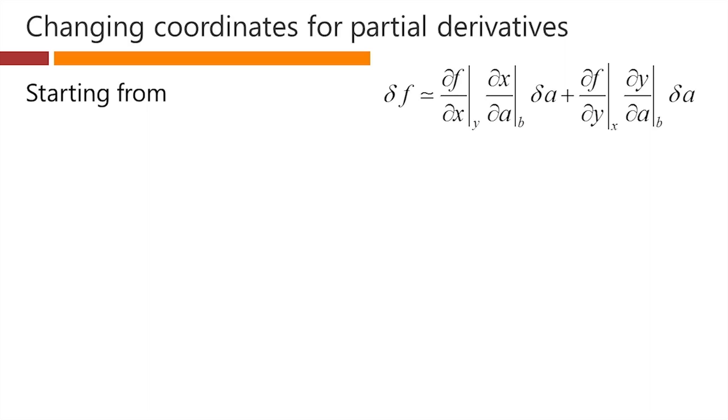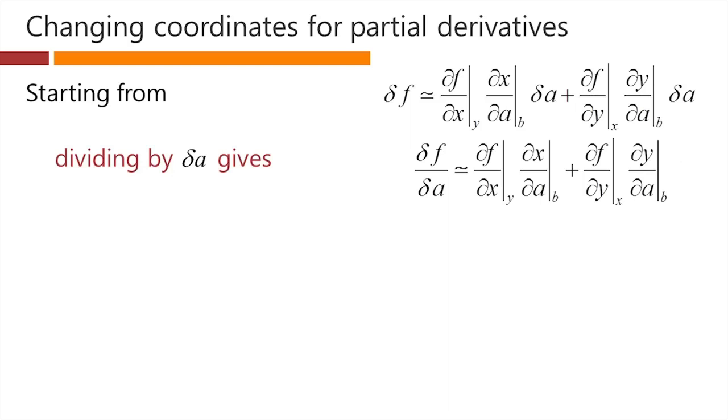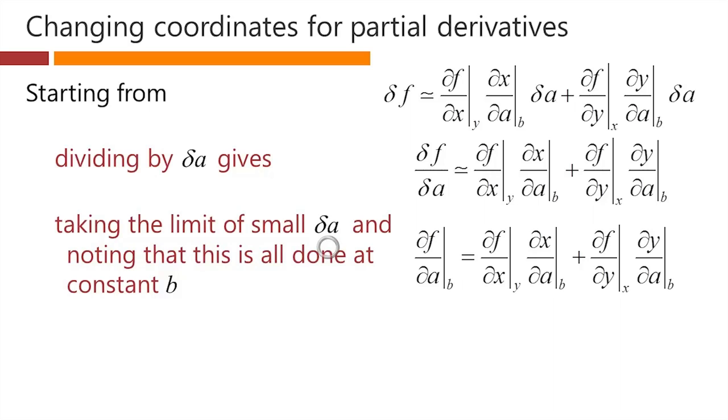So therefore, starting from this expression we just figured out, dividing both sides by delta a, we obtain this expression here, and taking the limit of small delta a, and noting that this is all done at constant b. Notice these partial derivatives are at constant b. So this change delta f with change delta a is all done at constant b. Then we have the partial derivative, partial df by dA at constant b, given by all this expression here.